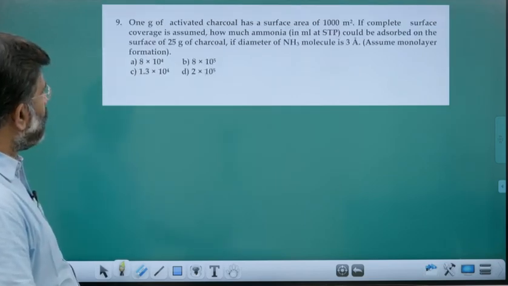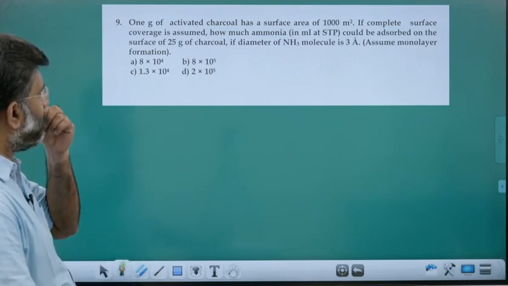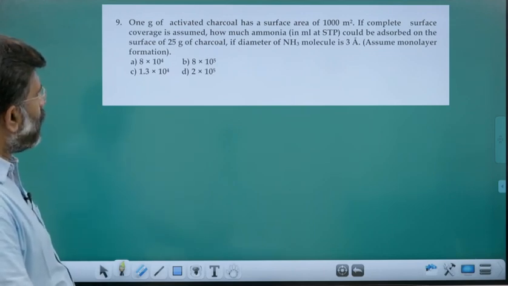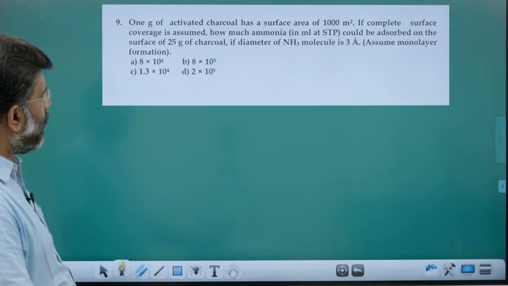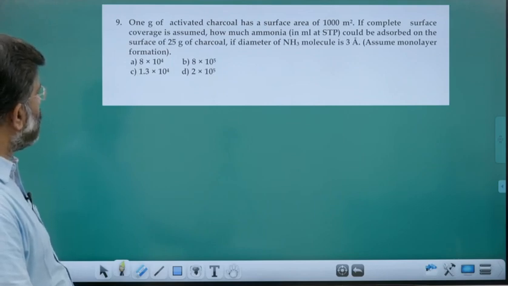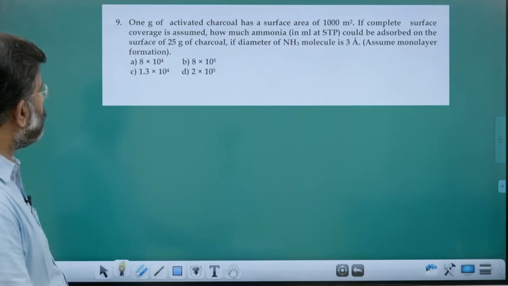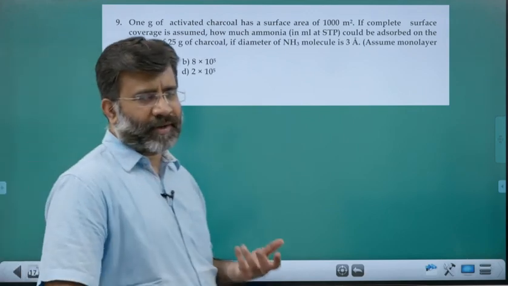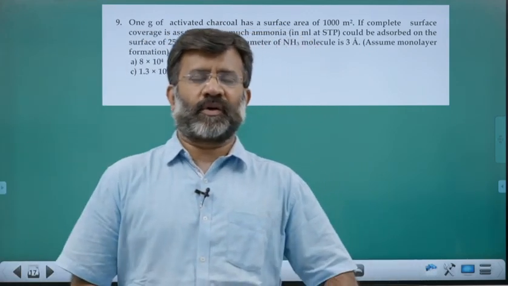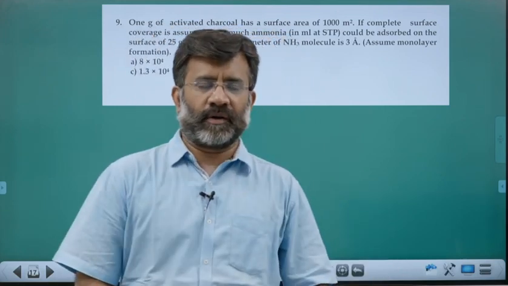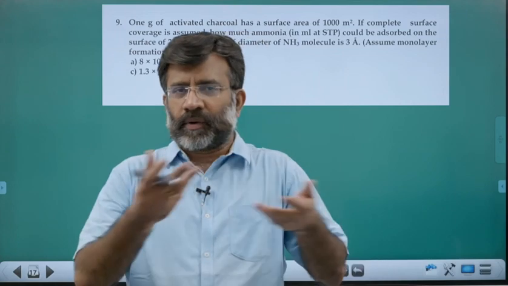One gram activated charcoal has a surface area of 1000 meter square. If complete surface area is assumed, how much ammonia in milliliter at STP could be adsorbed on the surface of 25 gram charcoal if the diameter of an ammonia molecule is 3 angstrom? So you can find out, 1 gram charcoal has 1000 meter square. Imagine it is in powdered form.